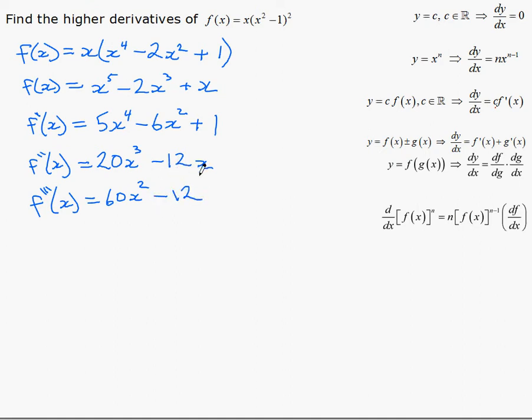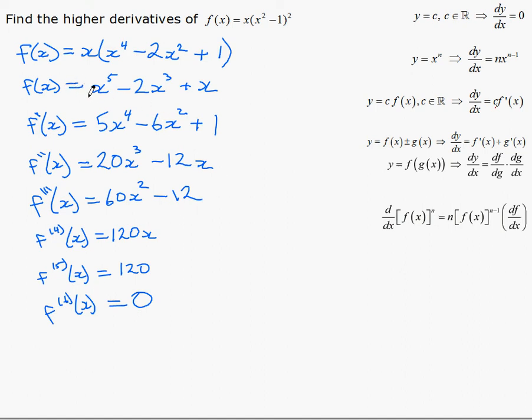Derivative of minus 12x is minus 12. Fourth derivative is going to be 60 times 2, which is 120, x to the power of 1 minus 0. Fifth derivative is going to be 120. And finally, the sixth derivative is going to be 0.